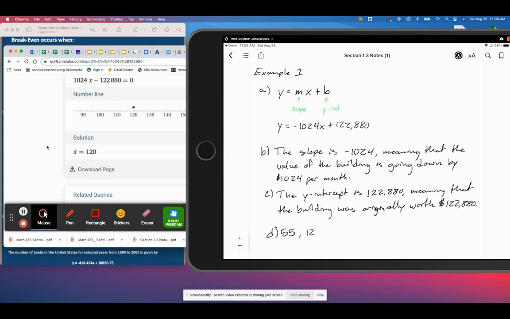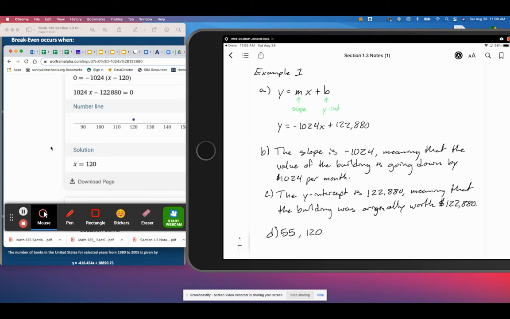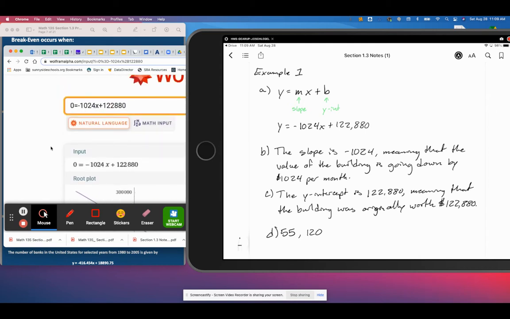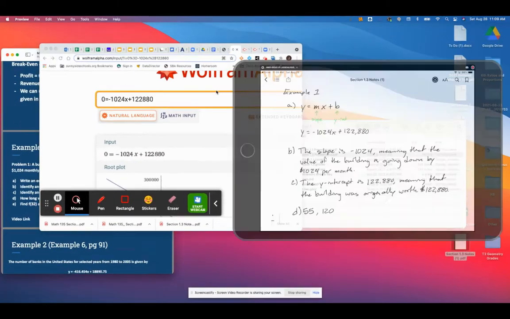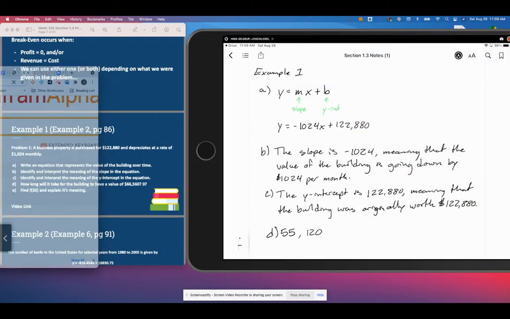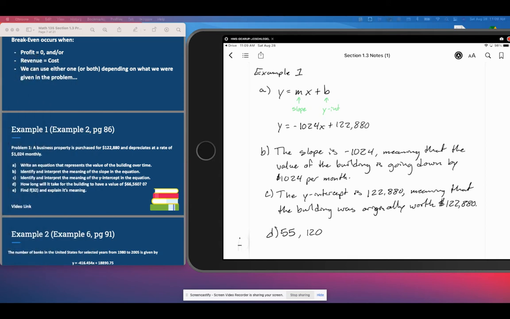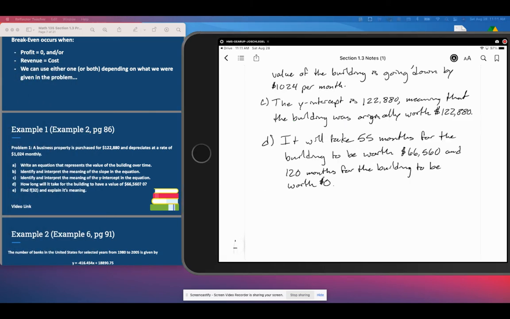So again, on my iPad, I'm just writing down 55 and 120 so that I can have those numbers to interpret them. And as I did last time, I will pause while I write so you don't have to sit through my writing. And we'll be right back. Okay, so I do have that it will take 55 months for the building to be worth $66,560, and it will take 120 months for the value of the building to be $0.